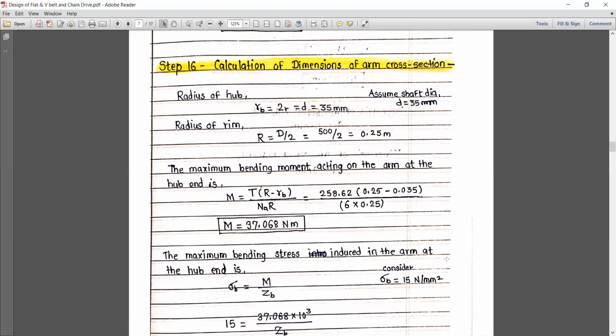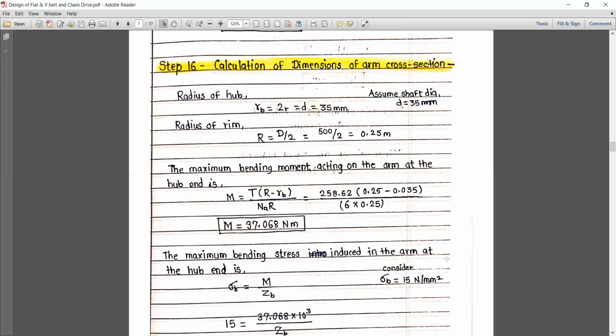The maximum bending moment acting on the arm at the hub end, M is equal to torque into (R minus RB) divided by NA, where NA is the number of arms, into capital R. Putting all the values, the maximum bending moment MB is equal to 37.068 Newton mm. Generally pulleys are made of cast iron, so here we are considering a higher factor of safety.